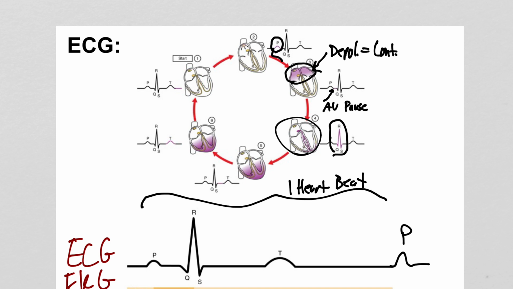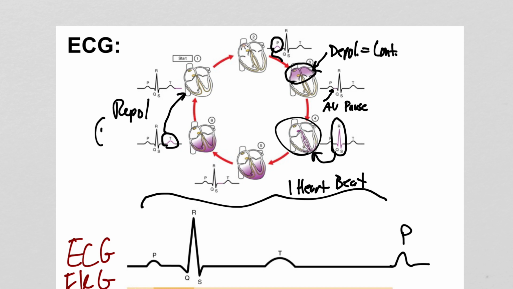So QRS, and remember, these letters don't really mean anything. Someone just decided to name them that. I'm honestly not even sure why. And so P, Q, R, and S are just showing different inflection points on the graph. But this QRS spike is showing you the beginning of contracting the ventricles. And so ventricles are contracting. We're pushing blood up and out the aorta and the pulmonary trunk. And when you finally get to the T wave, that represents repolarization.